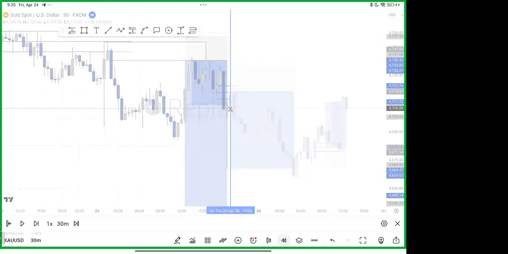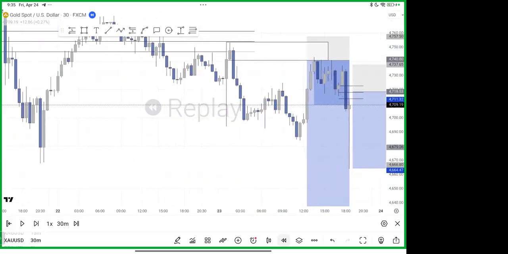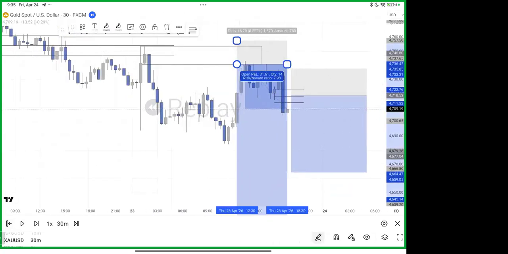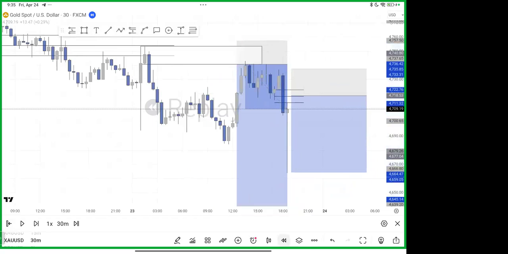So most times they are not strong enough to hold for long, or sometimes they don't even hold. So as you can see, this is not a liquidity void. Liquidity void is not the third candle being long, it's the second candle being long, being large. Let me just put it that way.